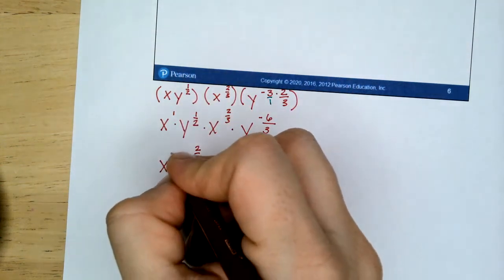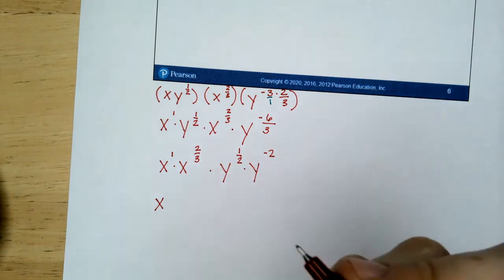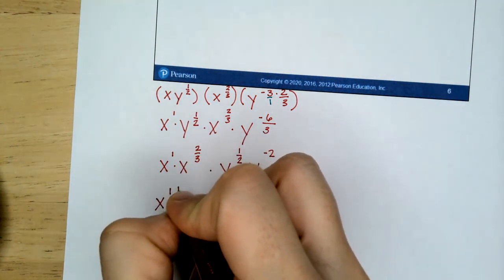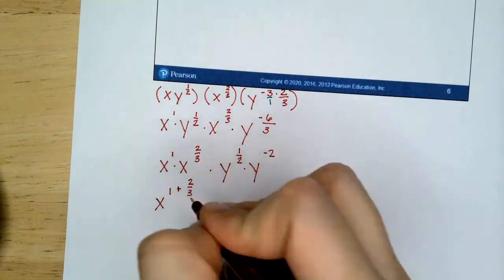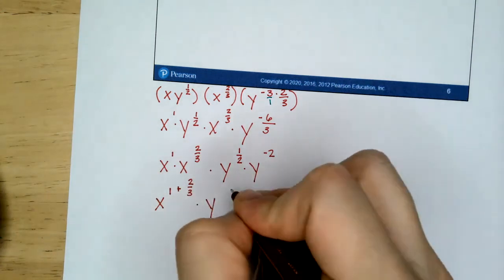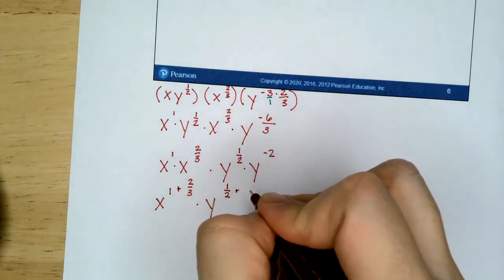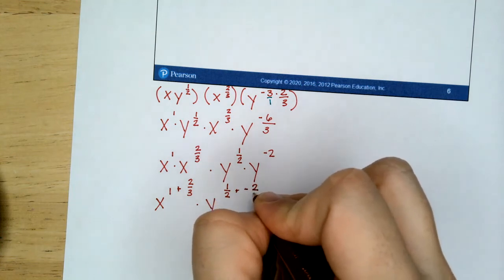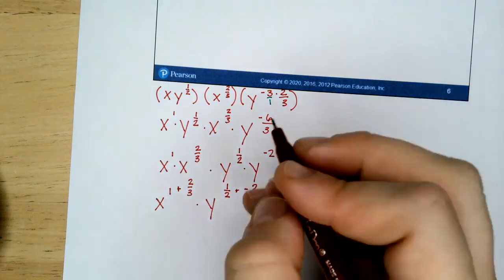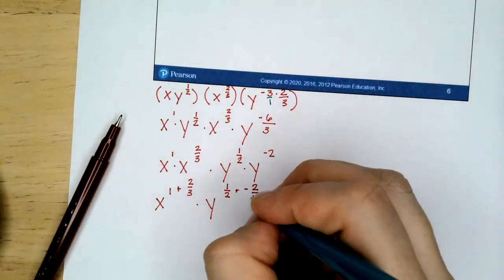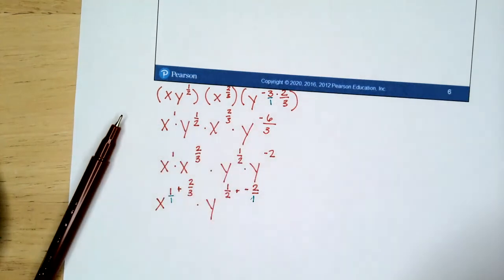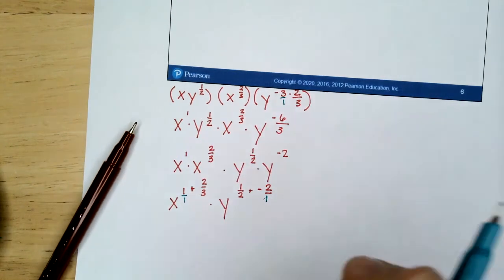So this has an exponent understood 1, right? So I have x to the 1 plus 2/3 times y to the 1/2 plus -2. I want to change these to fractions, so I'm just going to put the -2/1 and the 1/1. Good. Now I need to add fractions.